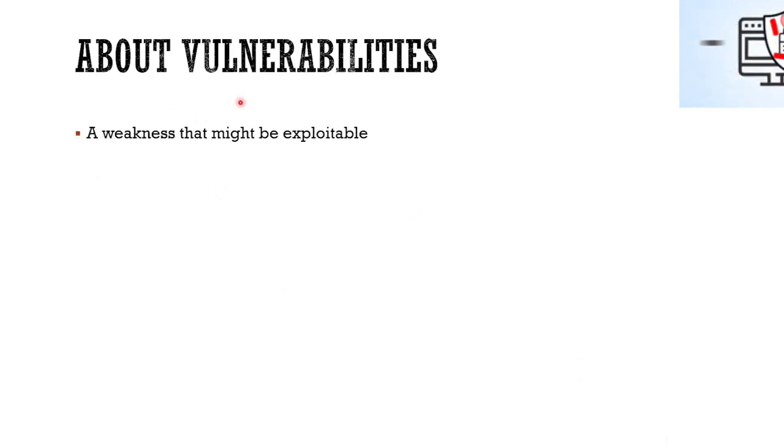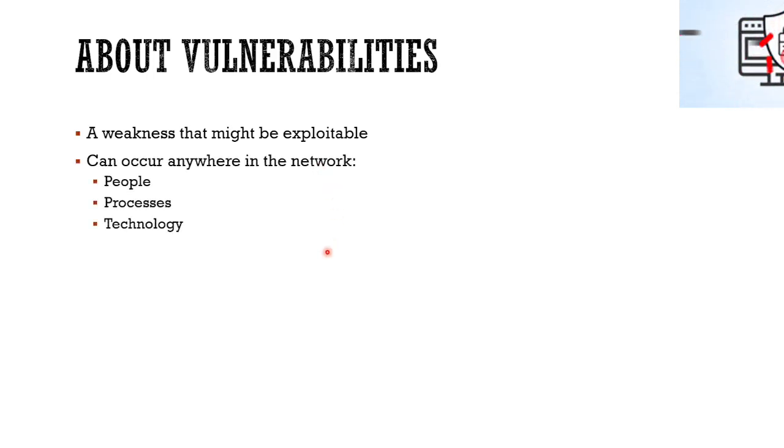A vulnerability is a weakness that might be exploitable. And it's not just necessarily in technology. It could be in people, like they are vulnerable to being phished or social engineered. It could be in processes, the way we move things in and out of the loading dock.